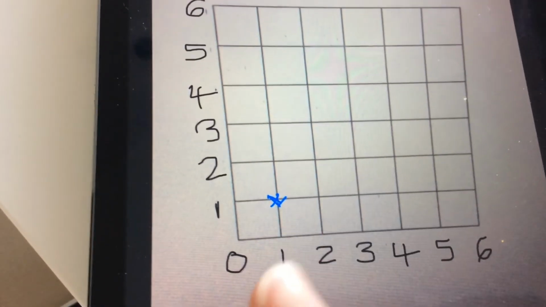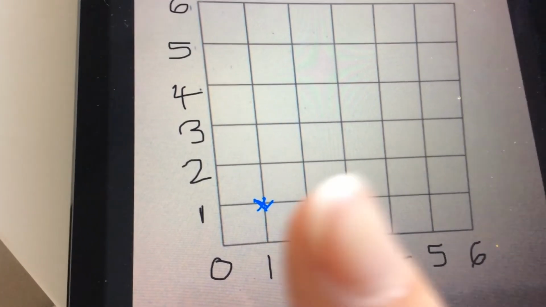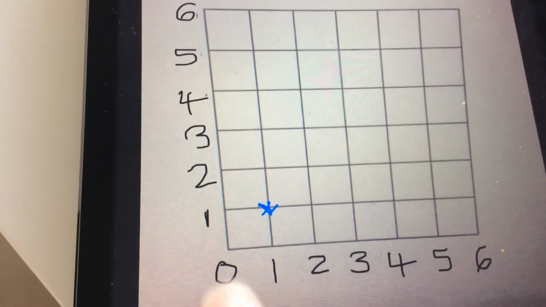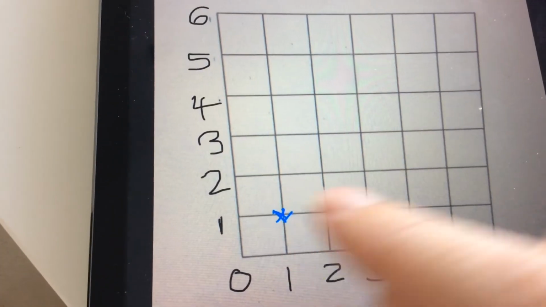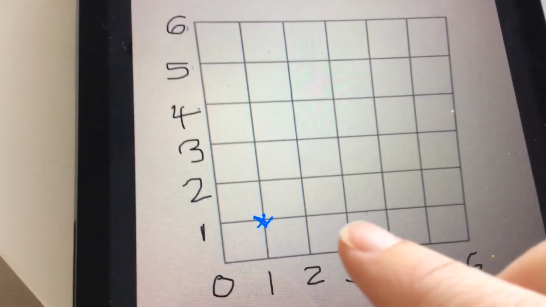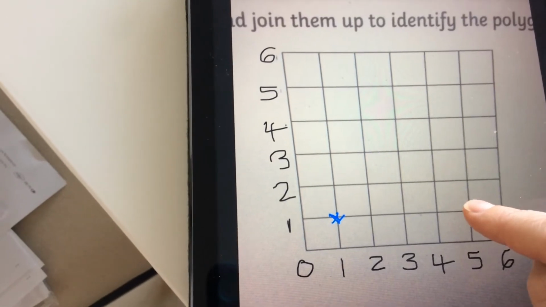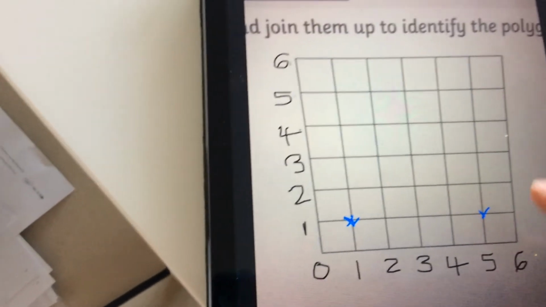I'm looking at this through the camera, not looking at it straight onto the screen, so that's why I'm being really messy. But when you do it, just try and get as accurate as you possibly can. Okay, the next one is 5, 1. Let me see if I can look at it on there. So 5, 1, little cross goes right there. Next one is 5, 5.